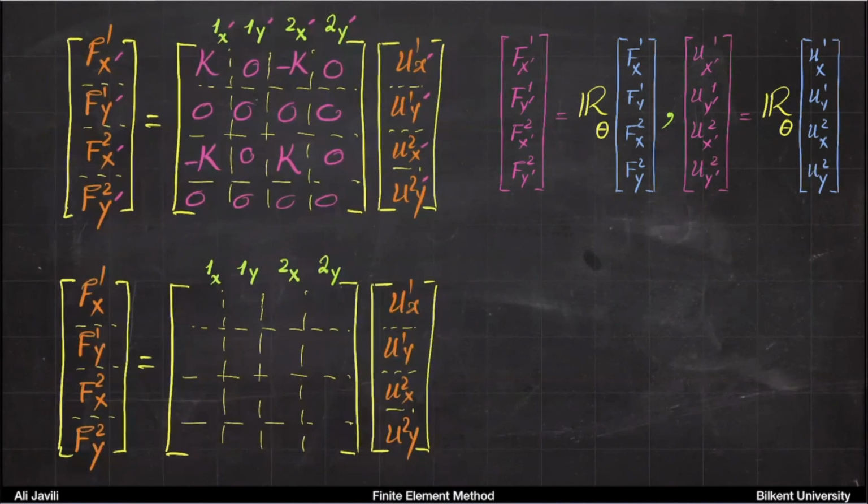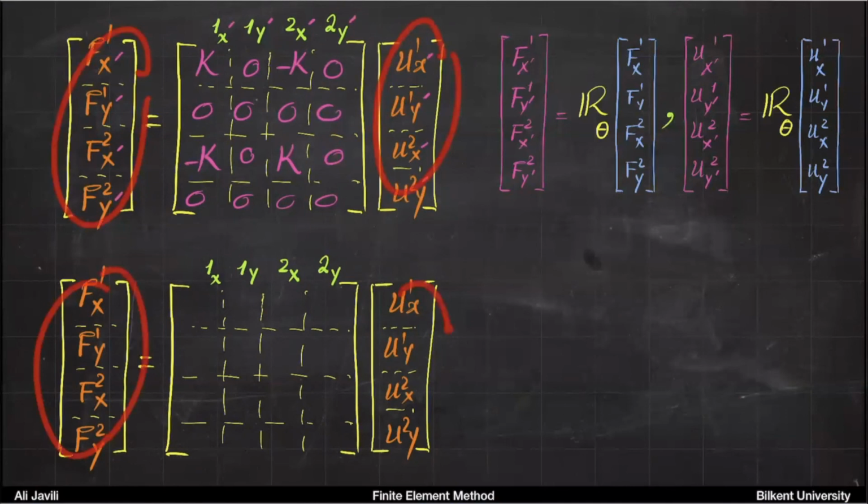Okay, so now you know the system in prime coordinate system, you know how to transform these primes to the original coordinate system. Well, I mean, it would be the opposite of what is in front of you, but you know that. So basically, all you need to do is to just write that.